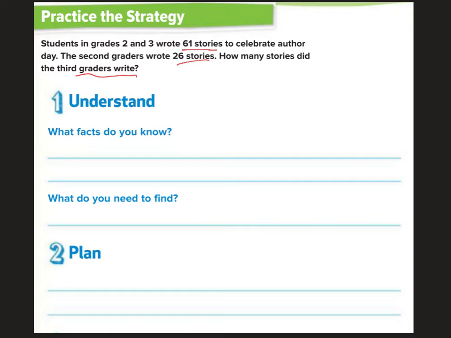Okay, so we see here, together they wrote 61. Just the second graders wrote 26. So what facts do we know? We know together, I'm going to write it that way, together equals 61 stories.